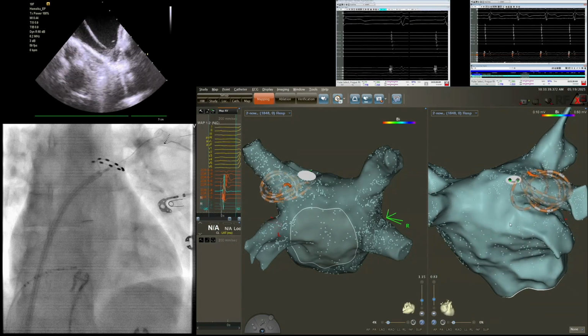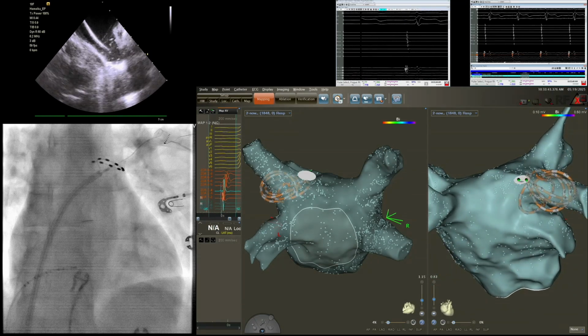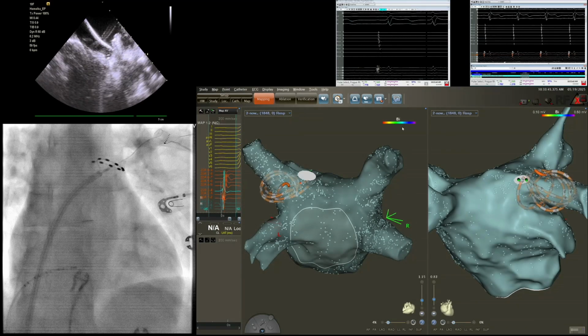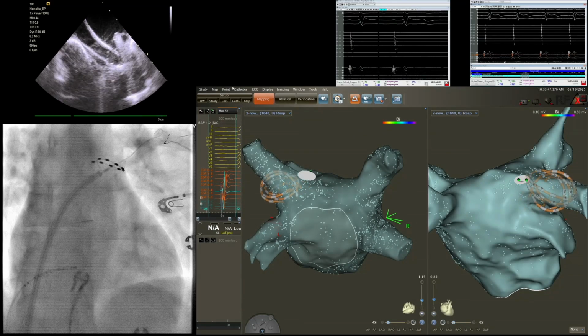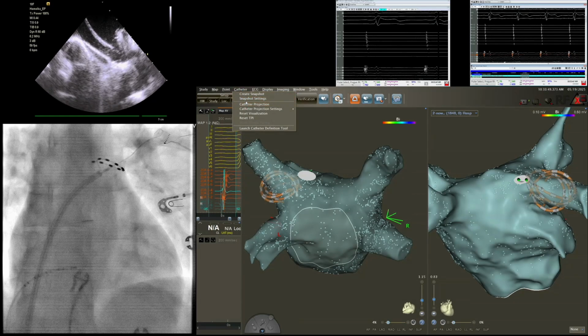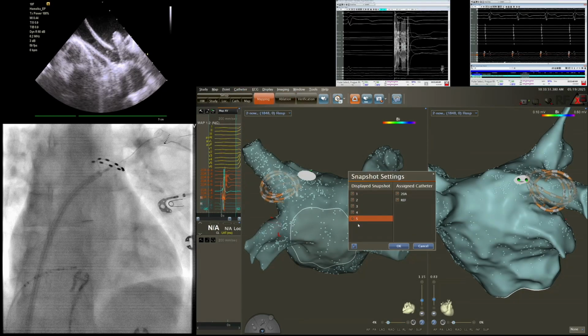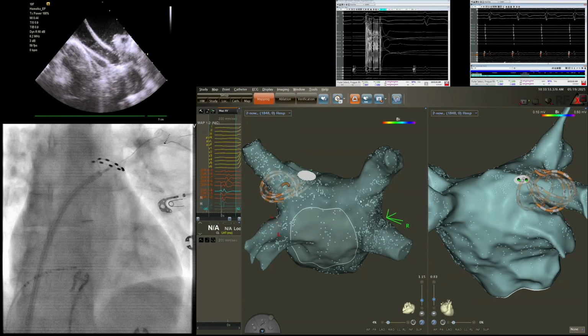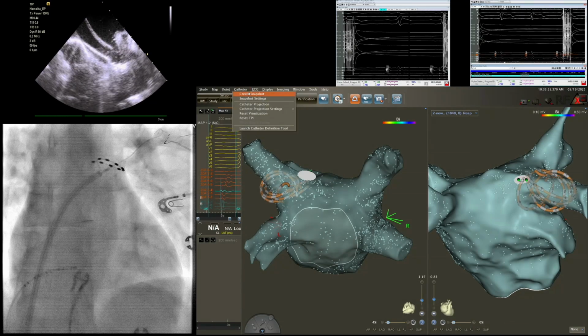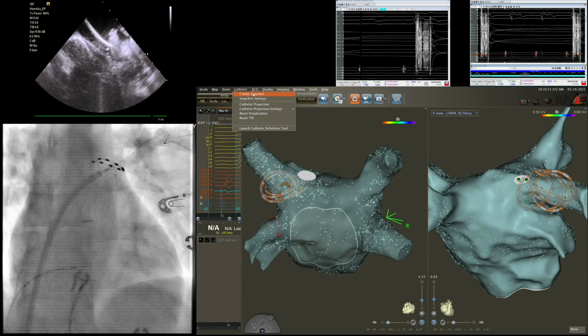Okay, let's go. The bonus lesions here, please. Okay. And for sure, we will map out after this procedure.